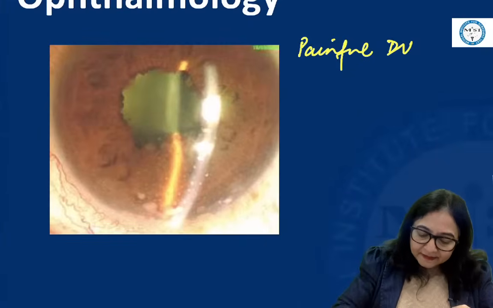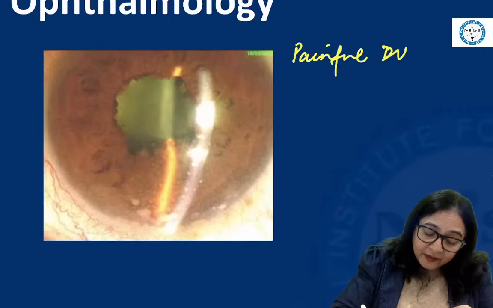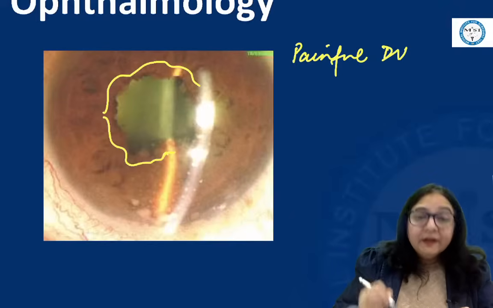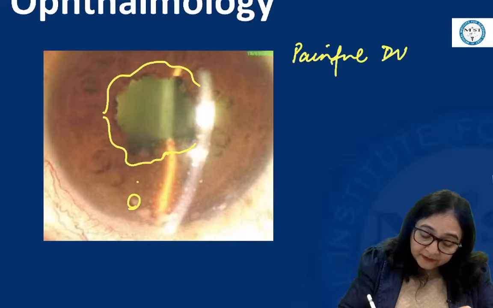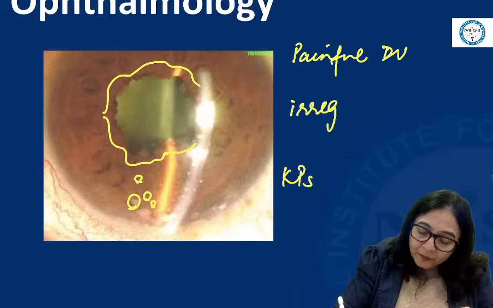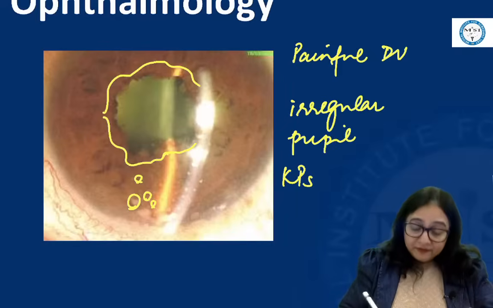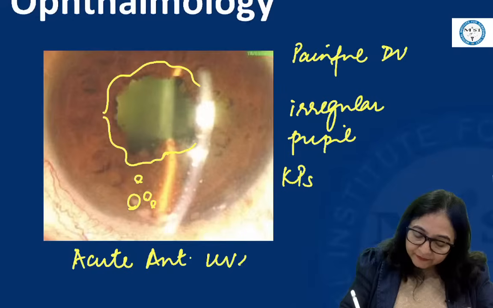So very classically you are able to first of all notice the irregular pupil here because of the posterior synechiae. Then you can also notice the keratic precipitates. So you are seeing KPs, irregular pupil, painful decrease in vision. So this is a case of acute anterior uveitis.